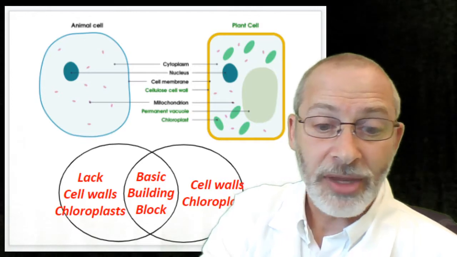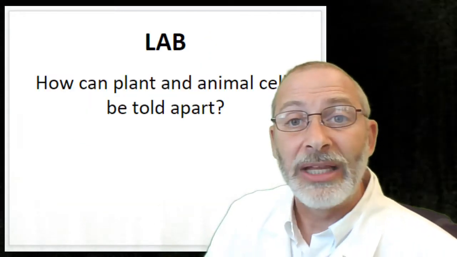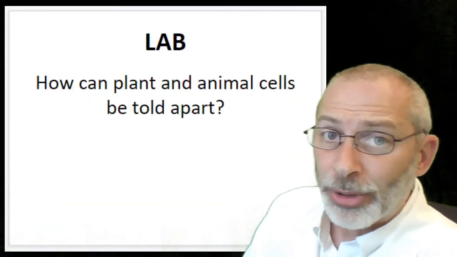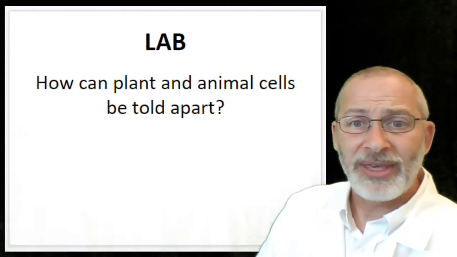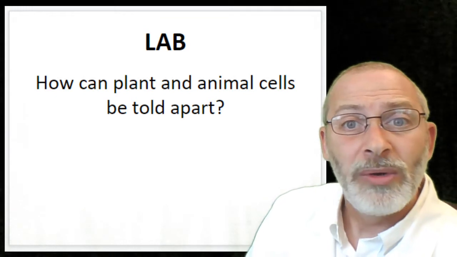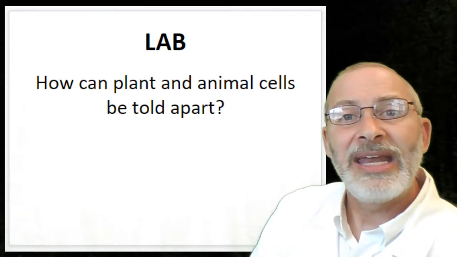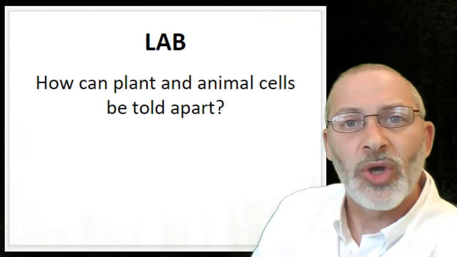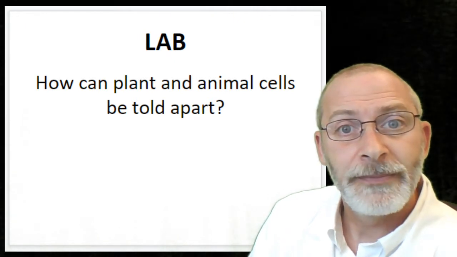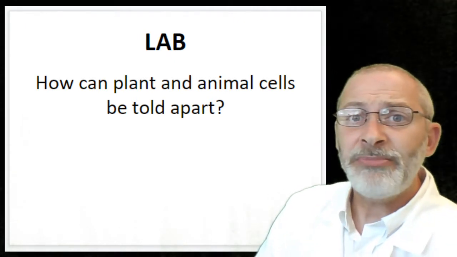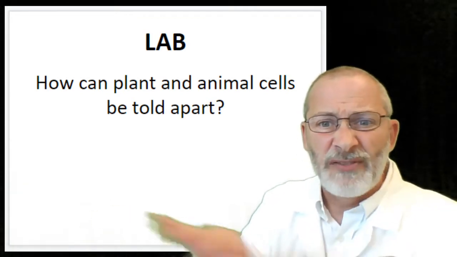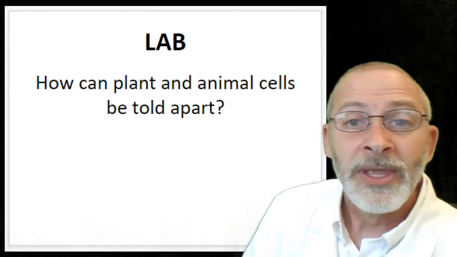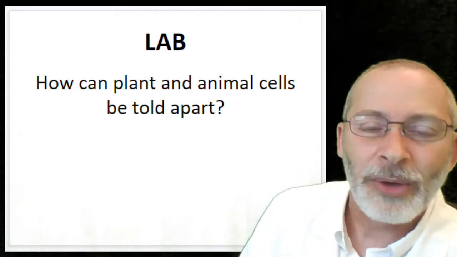And as we think about our lab activity, let's turn to it now in our books. And the question of today's lab is, how can plant and animal cells be told apart? Now, that doesn't mean you're going to divide yourselves, plant cells, animal cells, stay apart from one another, wear your masks. No. That's not what it means.